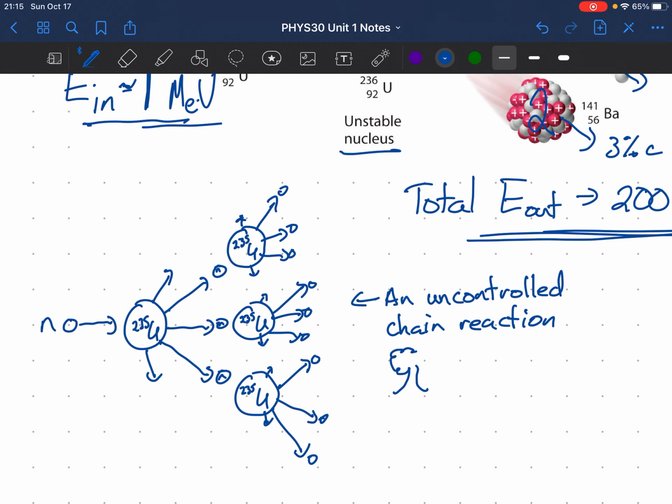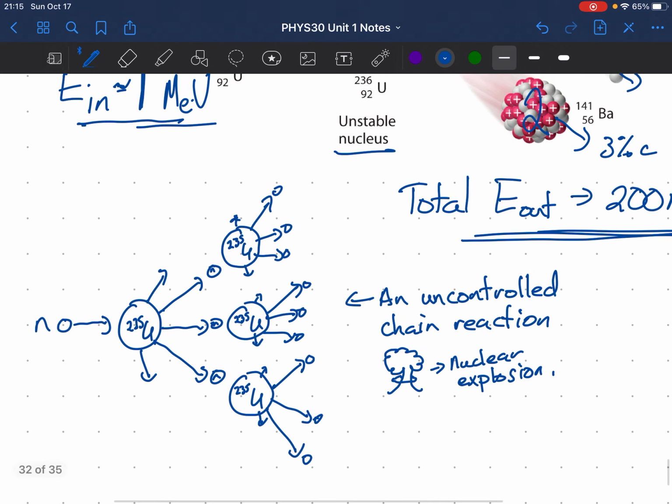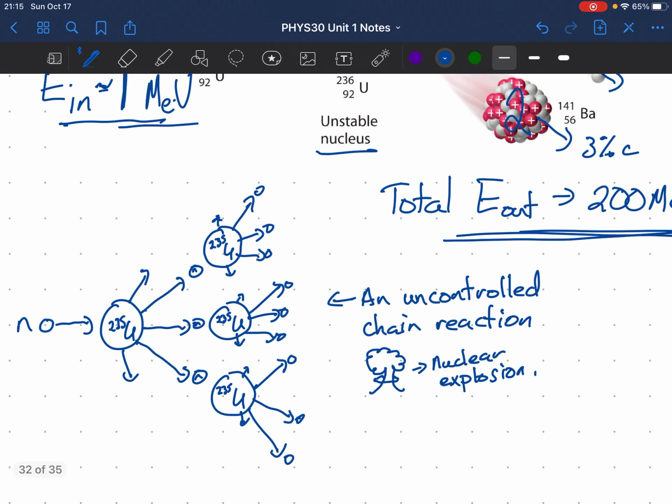And if you get this to happen, boom. Mushroom cloud. This is how you get a nuclear explosion. You do not want this to happen. You really don't want this to happen. So in a nuclear power plant, you don't want an uncontrolled chain reaction.